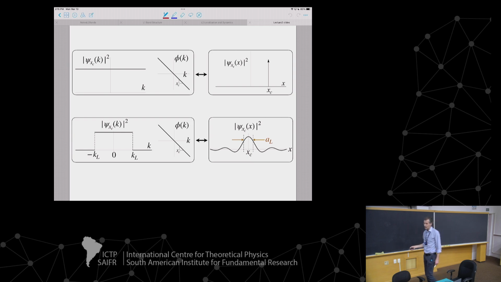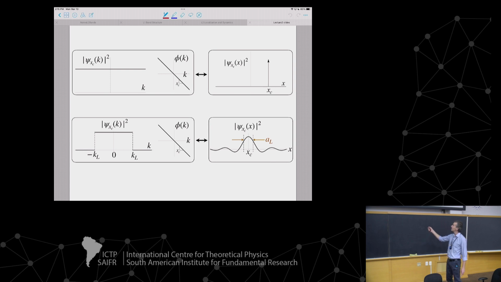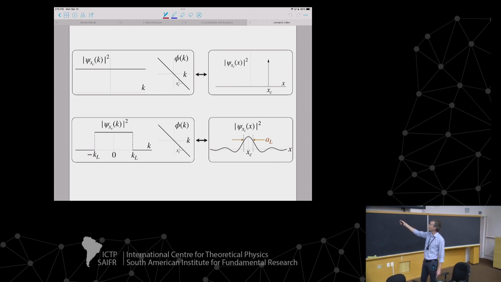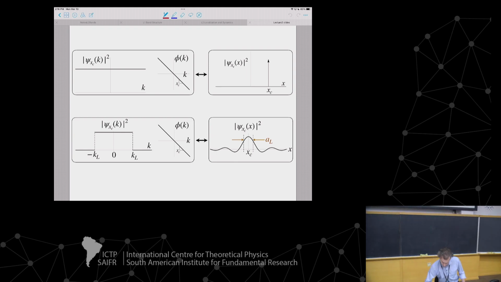And so I found a localized kind of function, but so far that is a localization at x equals 0, because I had a sinc kx. But I really want to localize this at some arbitrary place, so I can put my atoms at any place in the lattice. And I do that with a translation operator.